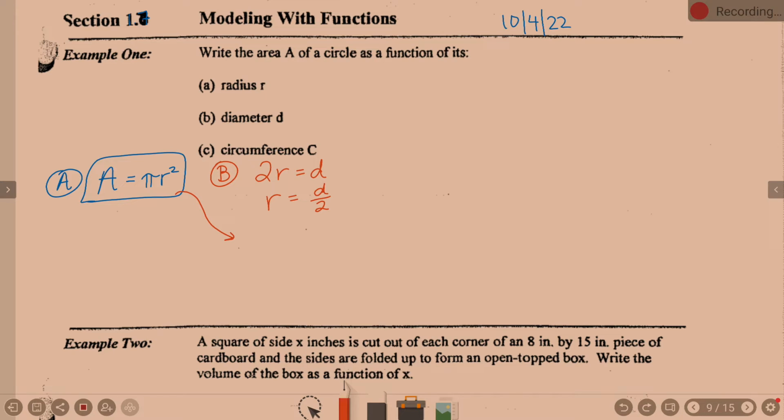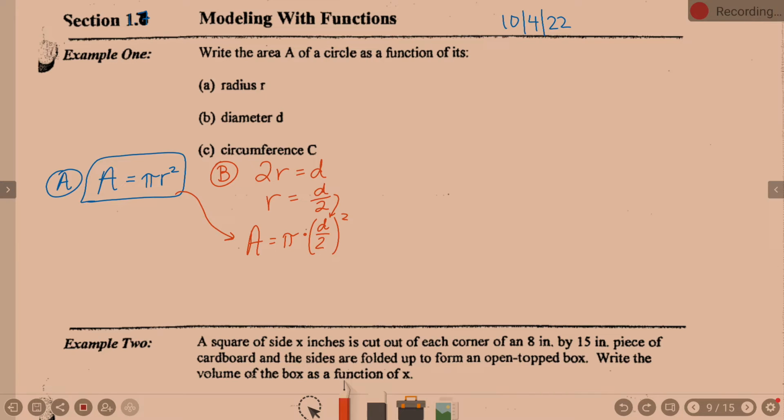So now we're going to use this formula here. A equals pi r squared. So area is pi. What am I putting in for radius, though? 1/2 d, d over 2, quantity squared. Does that make sense?